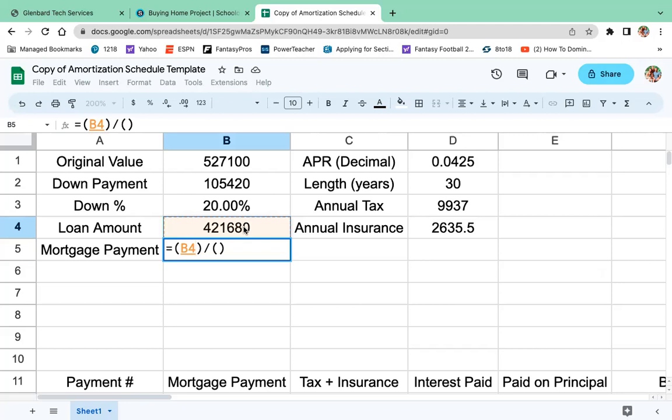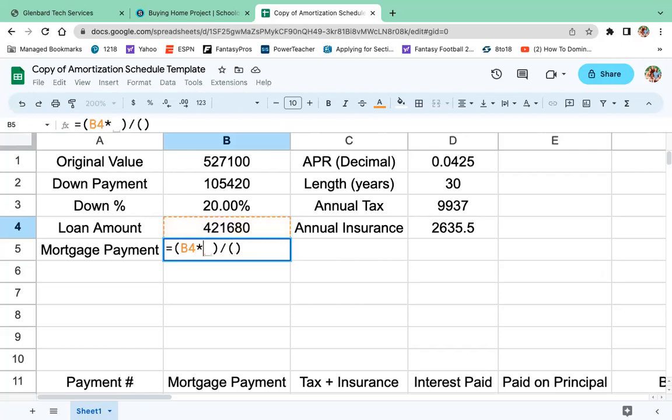And then let's be careful here and keep looking, okay? What is our rate? That's what's going to be next. So my rate is D1, so I'm going to be putting in D1. So hold on, B4, and then we're going to have parentheses.